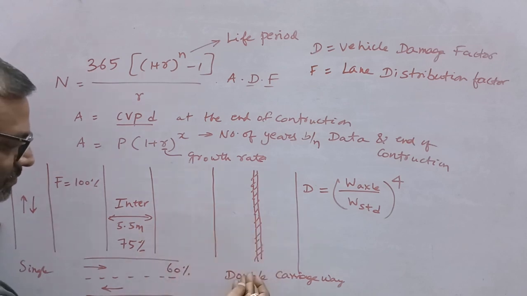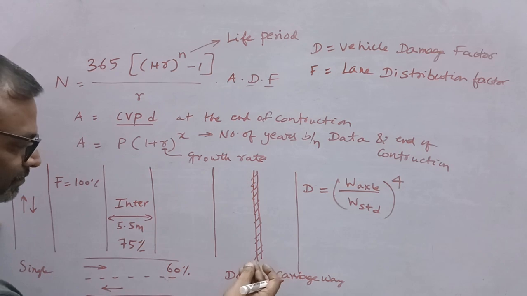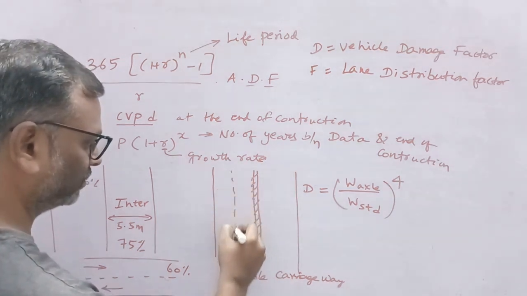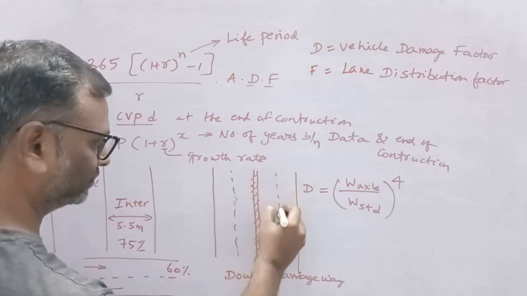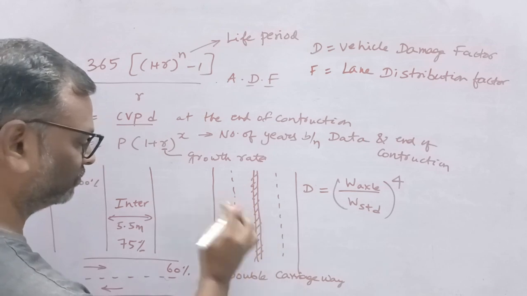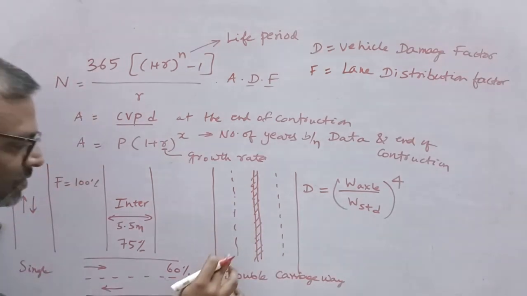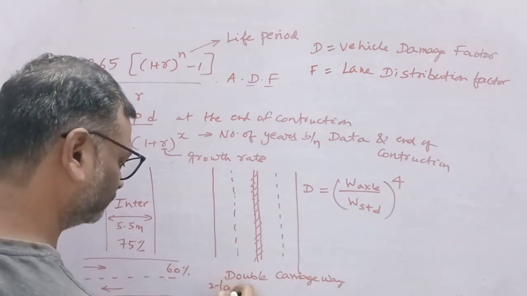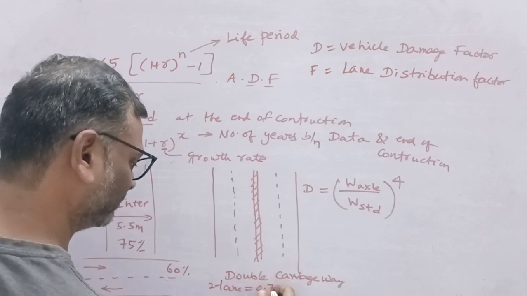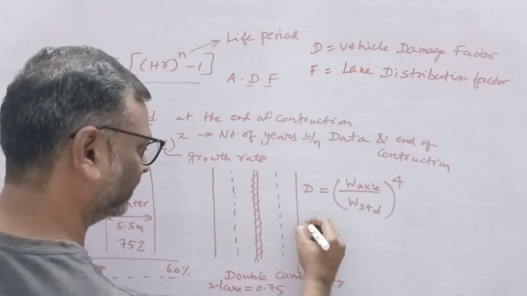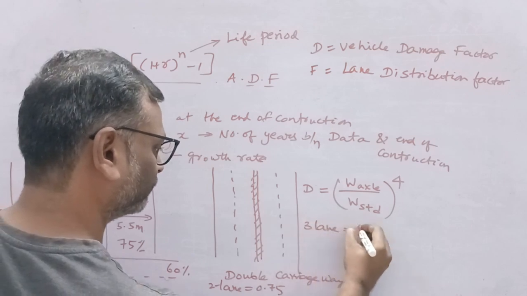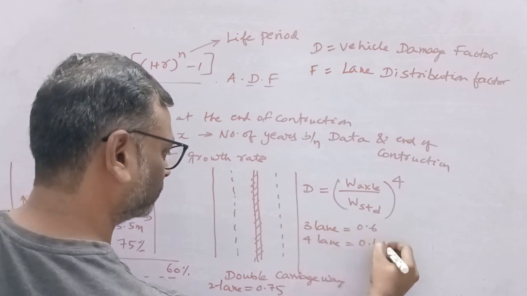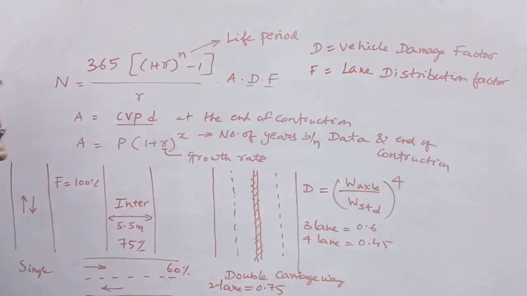For double carriageway, what will happen? See, two-lane double carriageway: if it is two-lane, take it as 0.75. If it is three-lane, 0.6, and four-lane, 0.45, that is 45%.